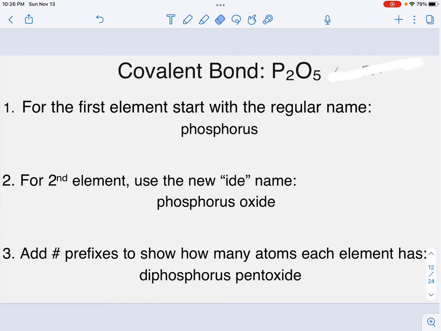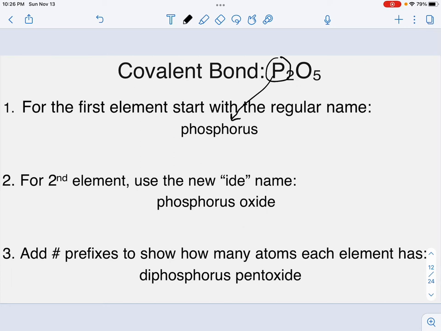So what are the rules? The first rule is for the first element, you want to start with the regular name. So in this particular compound, we have phosphorus, okay? So P. So you're just going to write the regular name, phosphorus. Nothing fancy. Rule number 2, for the second element, you're going to use its new transformed name.